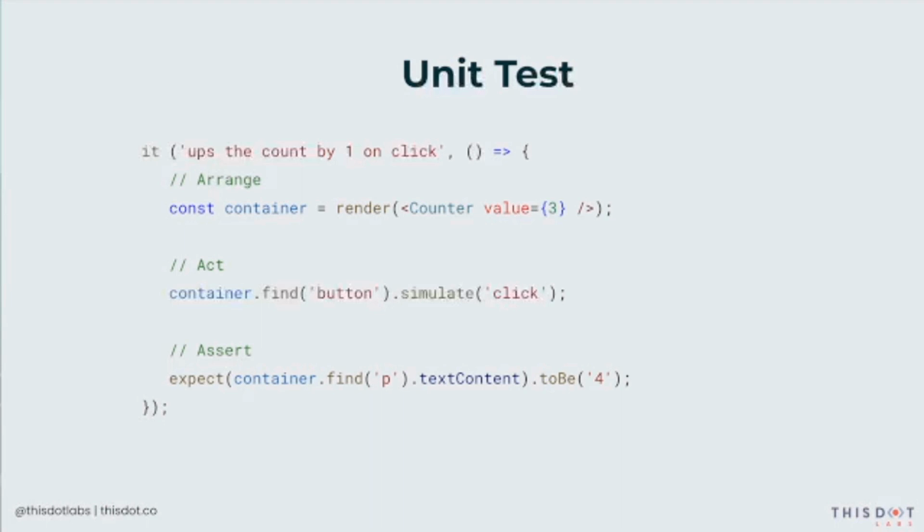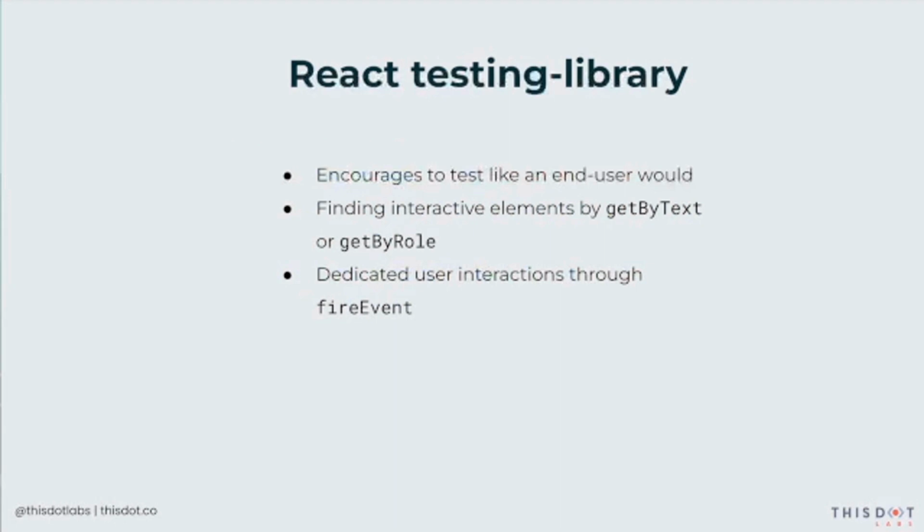We could add more use cases in here, so we can have another it below it, which says it can go from a negative number to 0. So we start out with -1, we click the button again, and we assert that the current text is 0. These edge cases you'll need to find and test to make sure that the component keeps acting the way it should under different circumstances.